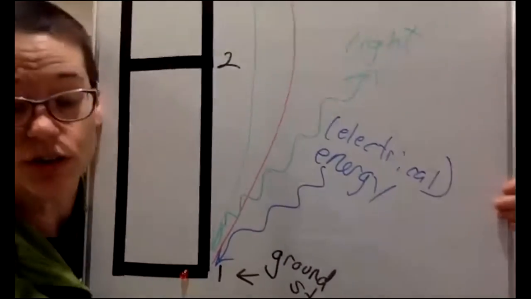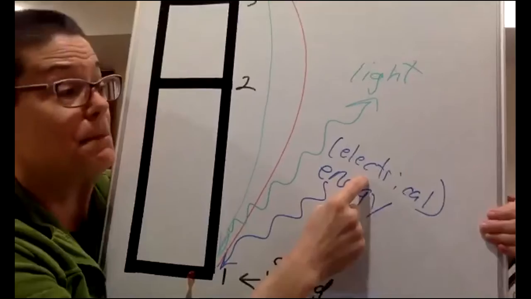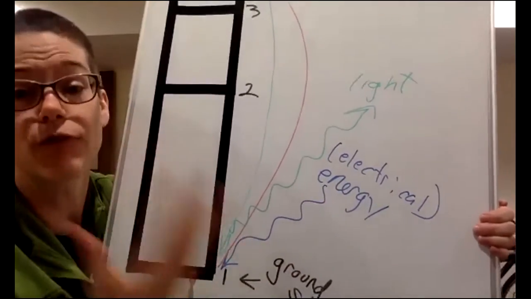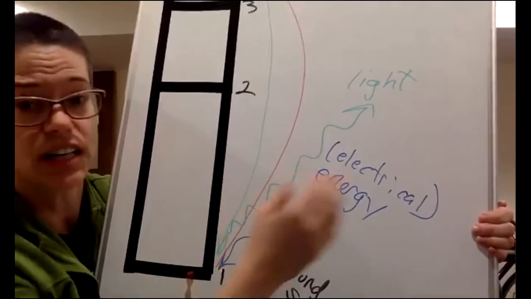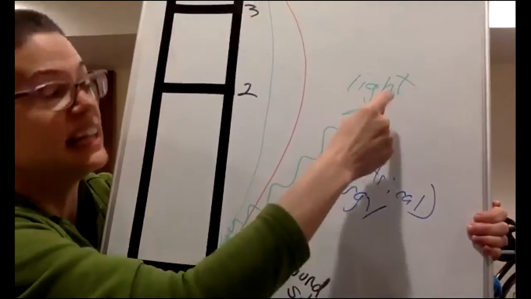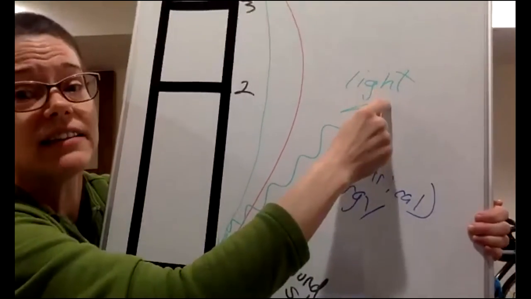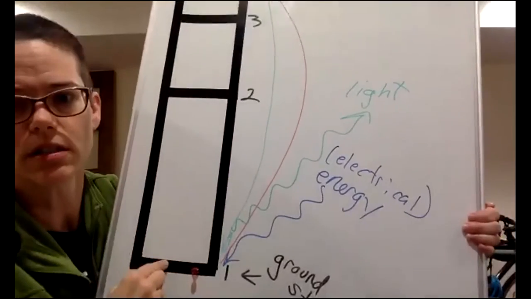My energy going in can be electricity, it can be heat, it can be light, it can be any form of energy as you think of as energy. An electron can use any of those to move to an excited state, but it will only give back out light. So the color of light depends on what this jump was.